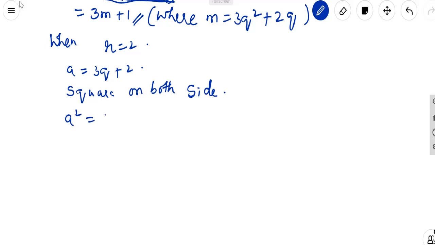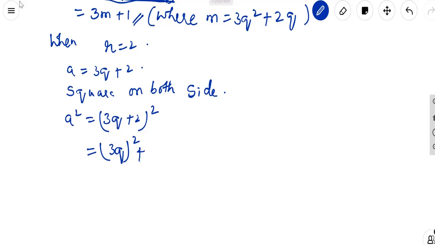So what I'm going to get? a square equals 3q plus 2 whole square. I'm applying the formula (a plus b) whole square, which is a square plus b square plus 2ab.